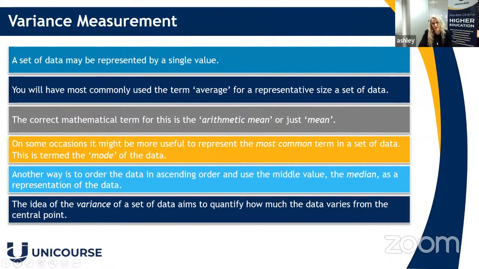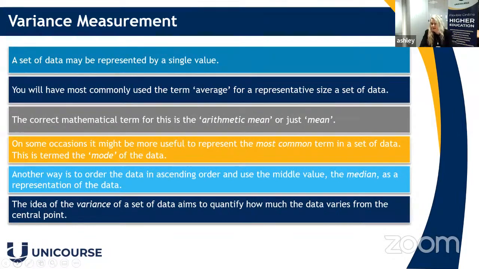And how you do that is by creating an average. Now, the correct mathematical term in data analysis used for this is arithmetic mean, or just mean, but you can create that average in a couple of different ways by adding them all and dividing it by how many there is to actually work out the mean.